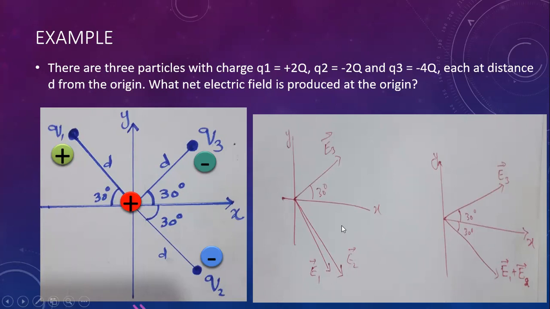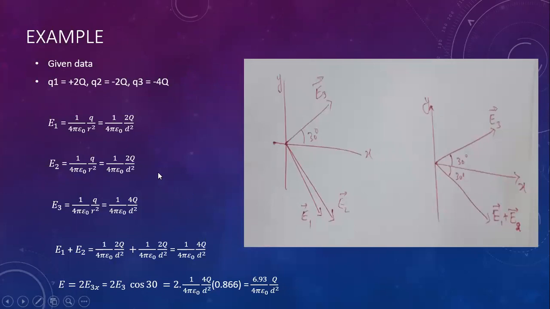So let's find it. In our given data, we have Q1 is plus 2q, Q2 is minus 2q, and Q3 is minus 4q. First of all, we will find E1 by using the relation for electric field due to a point charge, which indicates that E1 will be 1 over 4 pi epsilon naught q over r square.